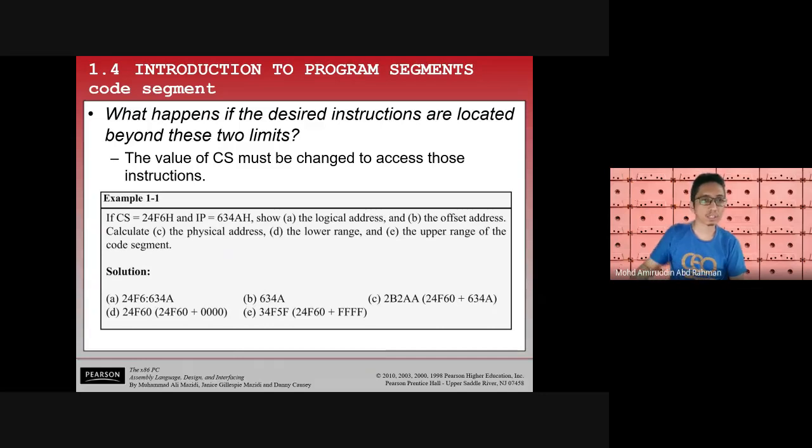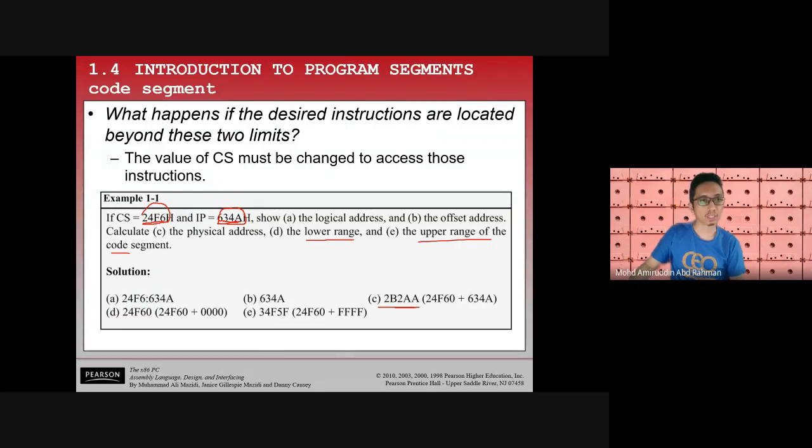The logical address is simple: we just take this, then double dot with this, and this is the offset address. To calculate the physical address, you just sum up this one and that one, so you get the physical address. Then the lower range and the upper range of the code segment.